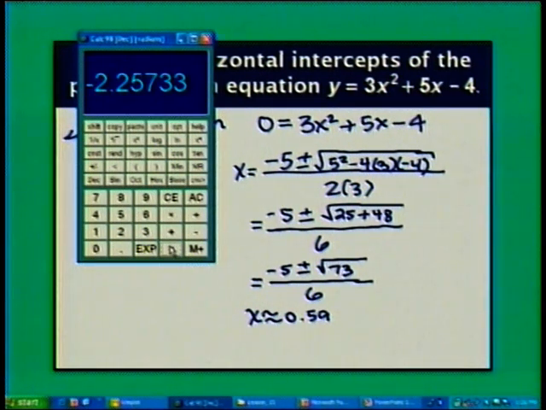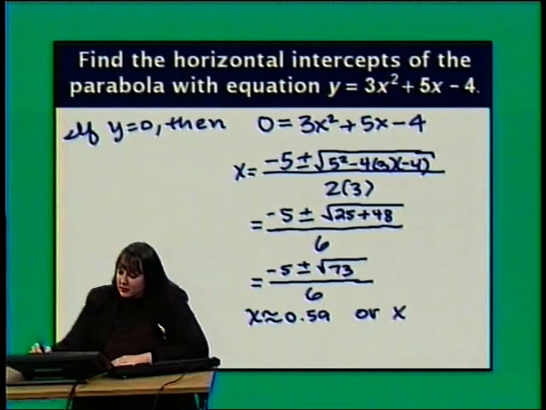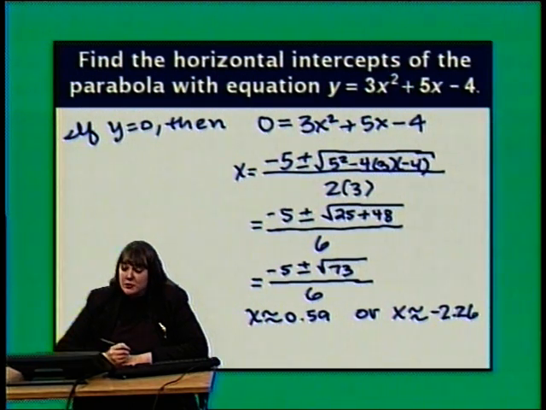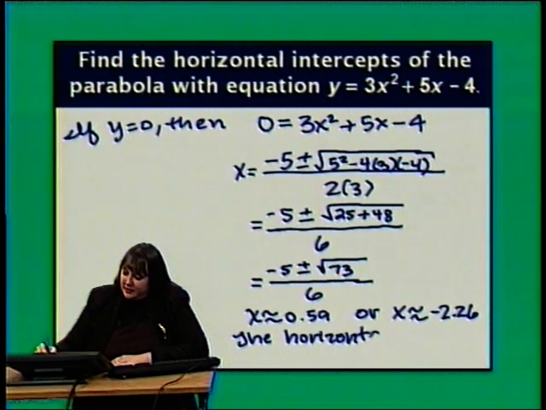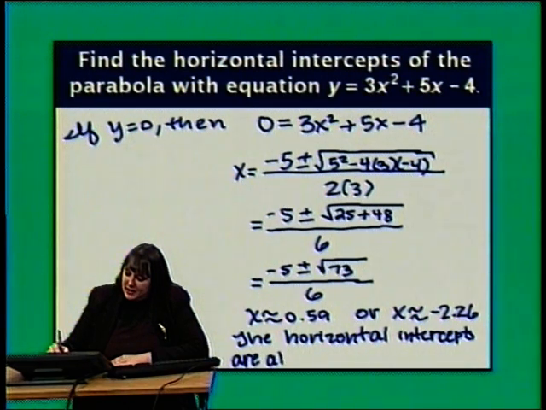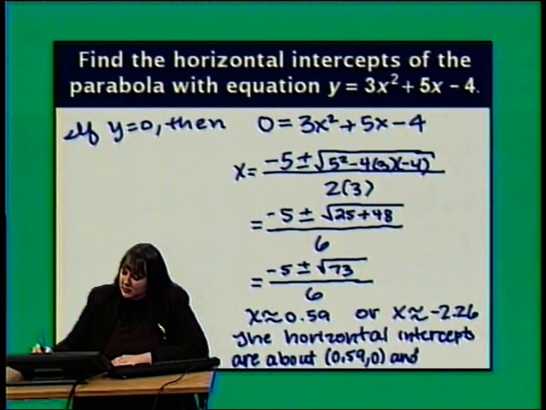This is about negative 2.26. So it looks like there are two horizontal intercepts, and we've approximated the x values here. So I'll say about 0.590 and negative 2.260.